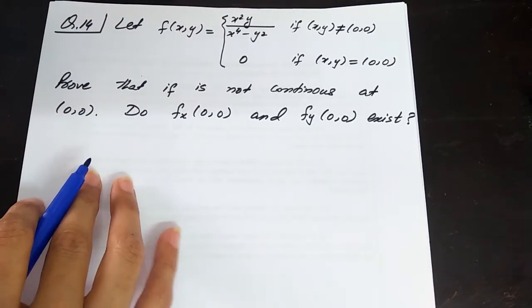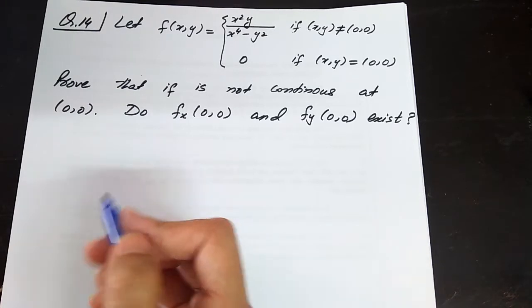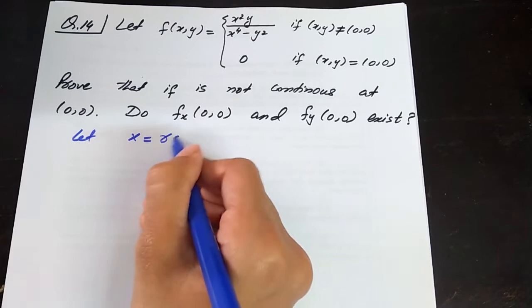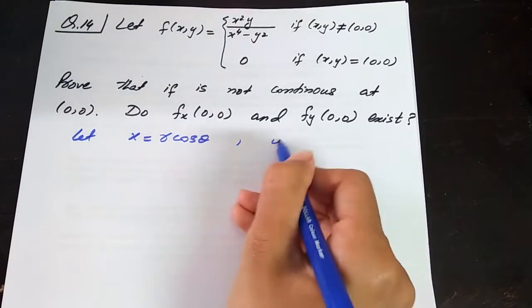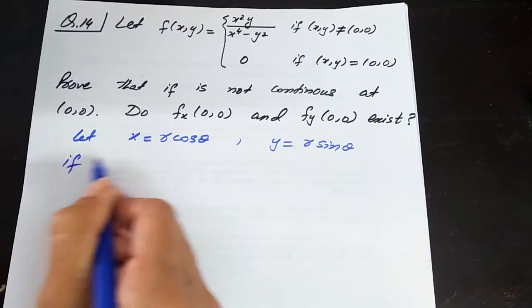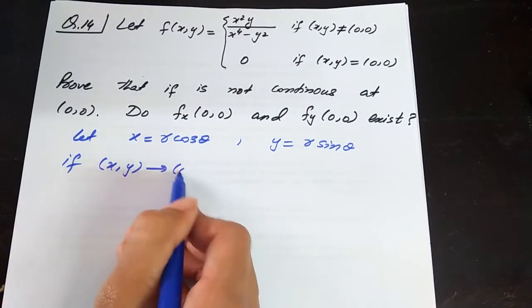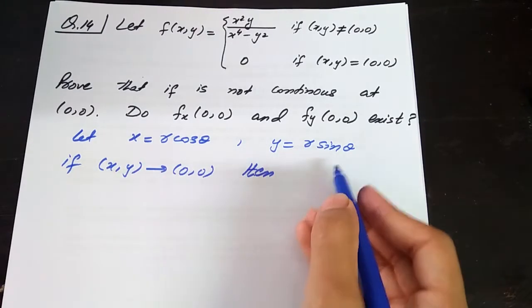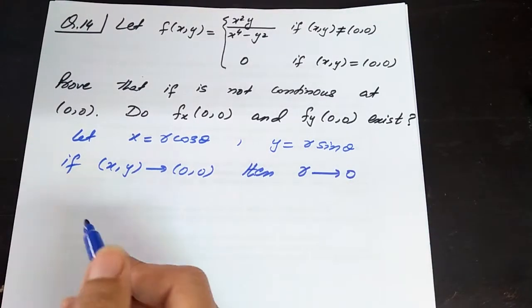So I am using the second approach, that is the polar one. Let x be equal to r cos of theta and y be equal to r sine of theta. Now if x, y approaches to 0, 0, then put 0, 0 here, we will get r equal to 0. So it means r approaches to 0.